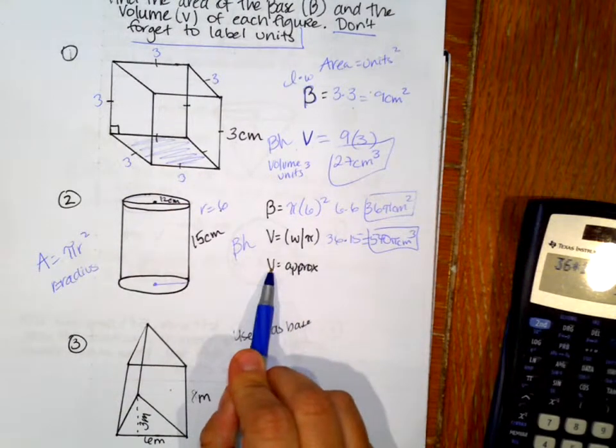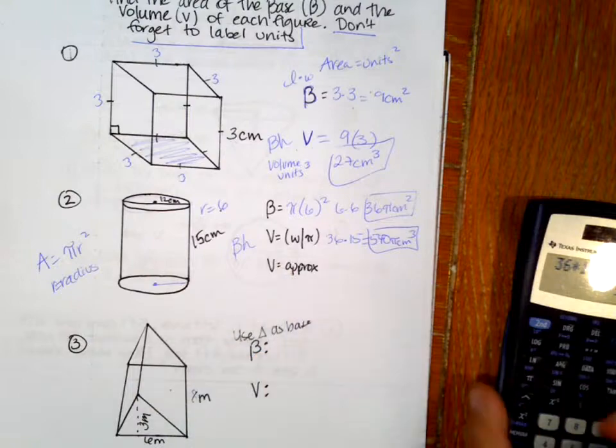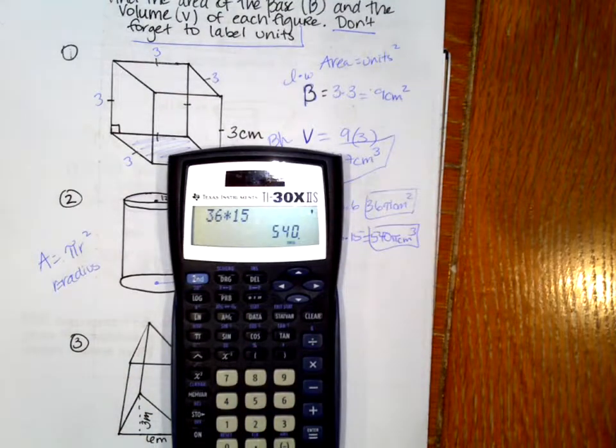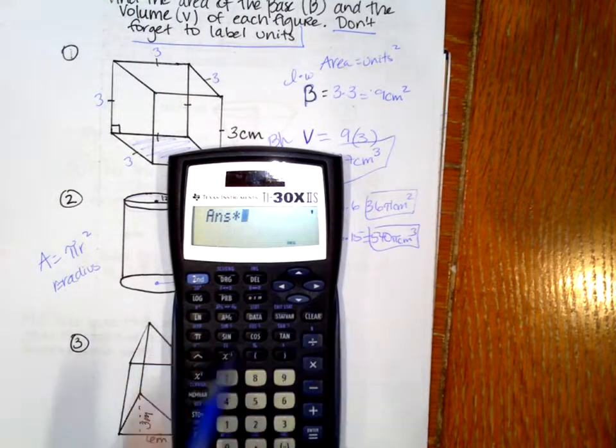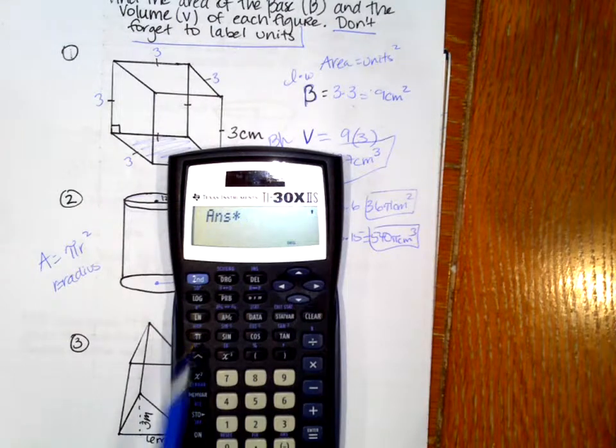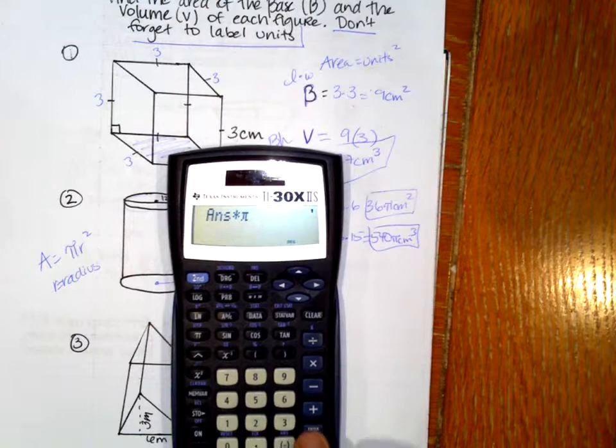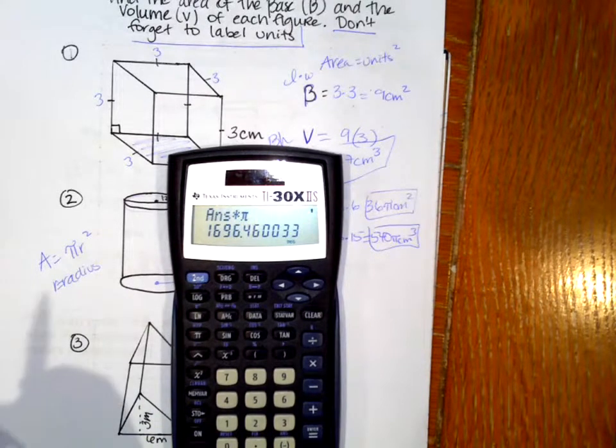For here, they want an approximate. So you're going to need to take your answer, which was 540, and multiply it by pi. And if you have these calculators, there'll be a pi button on them. I think most classes are using these calculators. If not, ask your teacher beforehand how you find the pi button. You do not want to use 3.14.